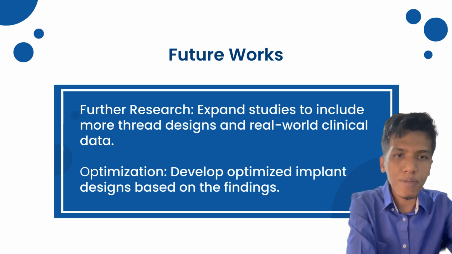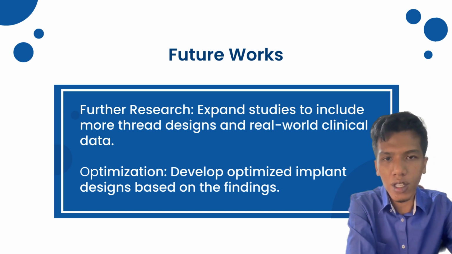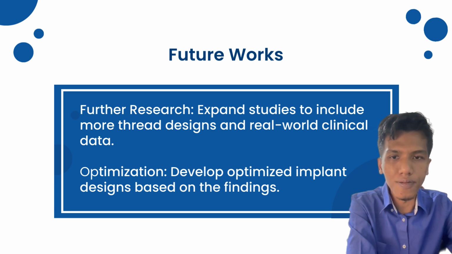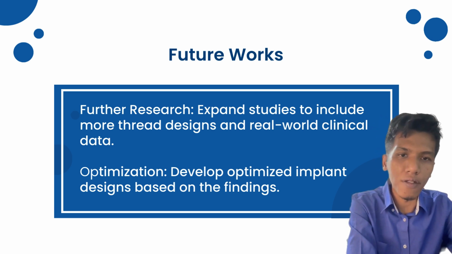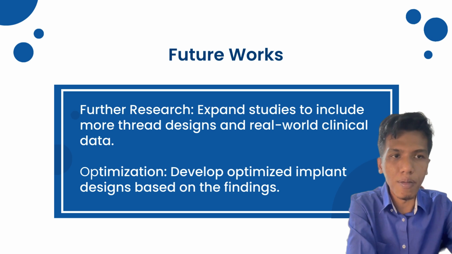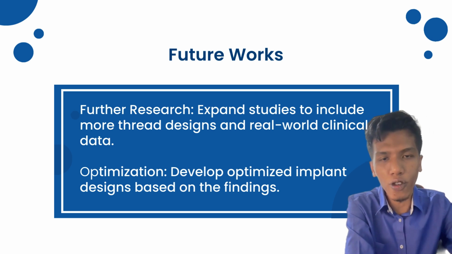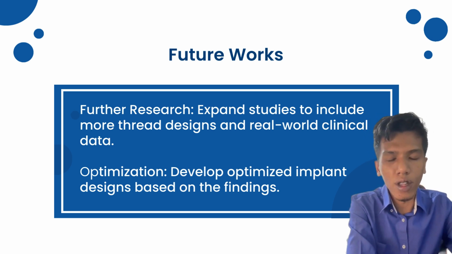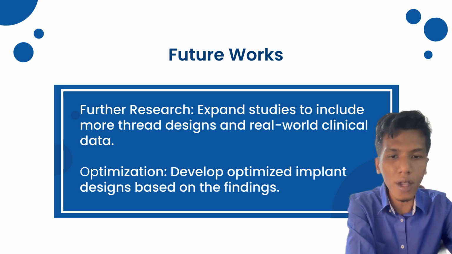The last part is that we want to develop an optimized implant design based on these findings, so we may reduce the cost and also avoid bone resorption or any issues related to the teeth implant. This is our future plan. But for now, we just compare the spiral and square, and we can see that the square performs better.